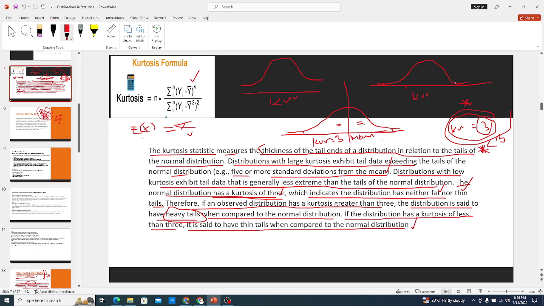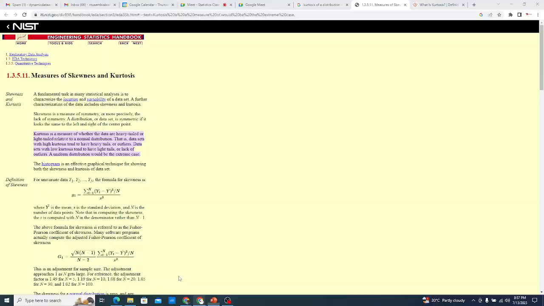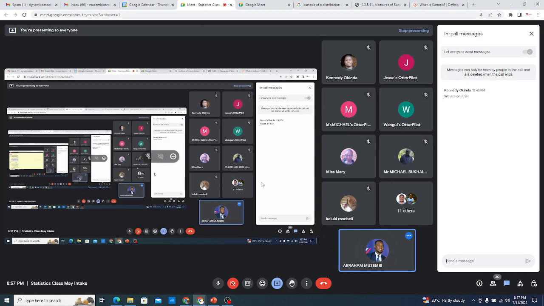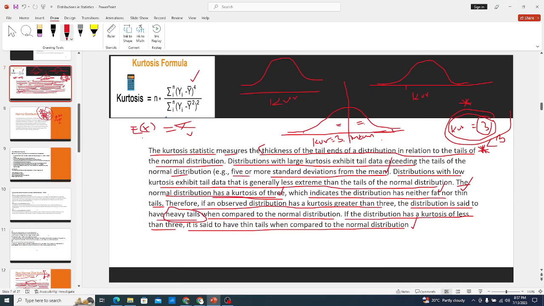For a tail with very low thickness, what will it be? Someone? Neither.